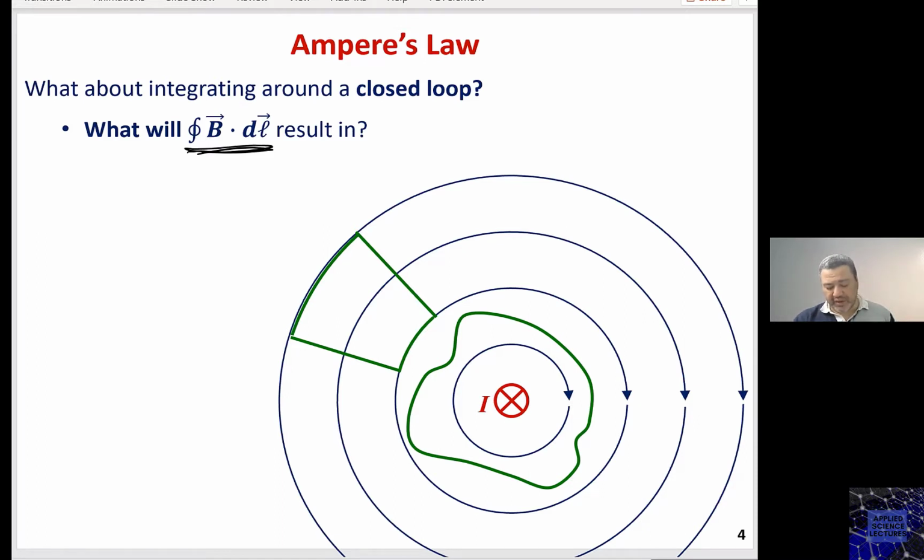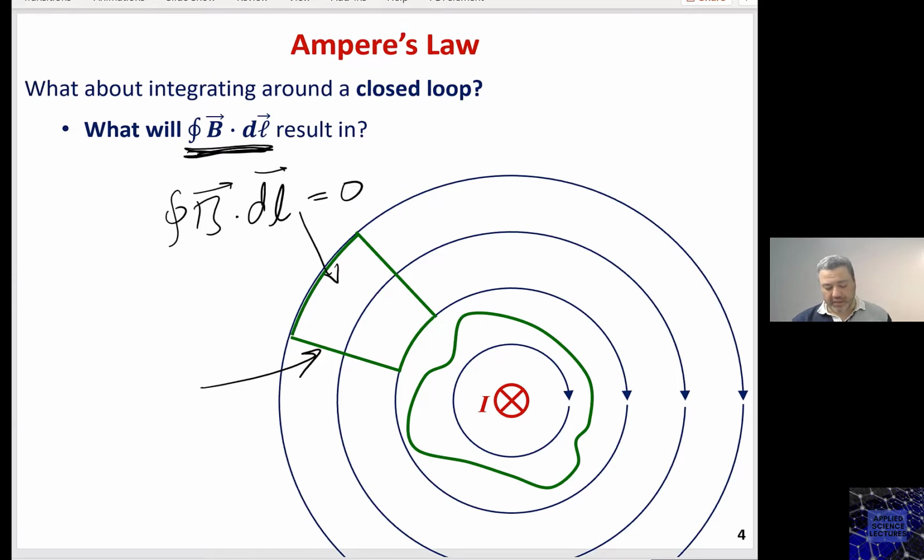As long as this path is enclosing wires that have currents, then I do have a value for this integral. If this path does not enclose any current into it, then the result for this integral would be 0.